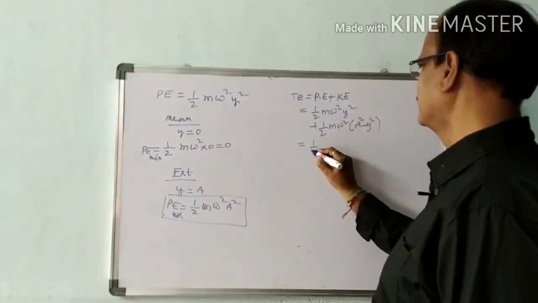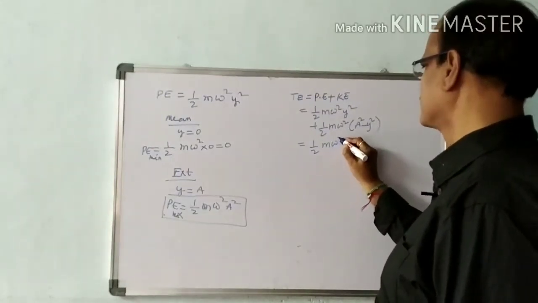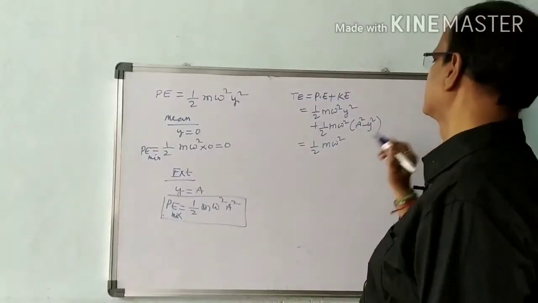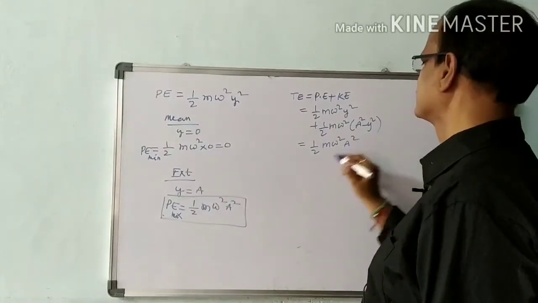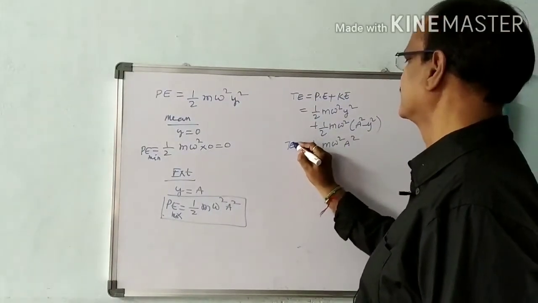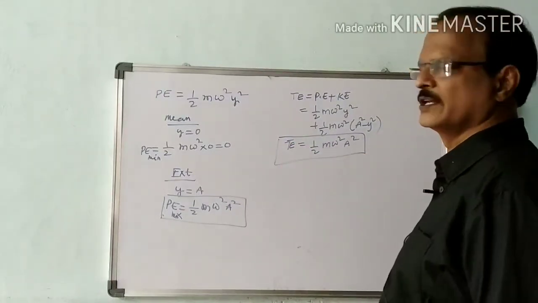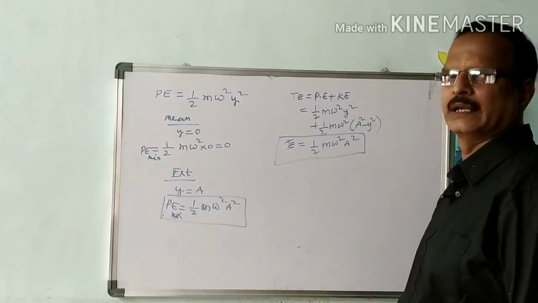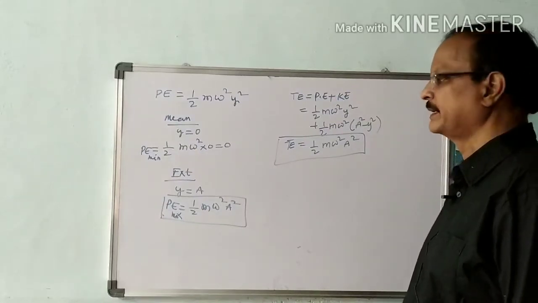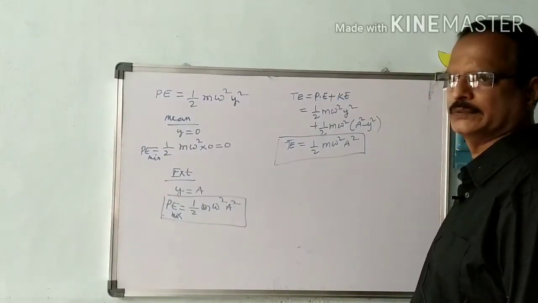So we have half m omega square, and y square minus y square cancels. So total energy is equal to half m omega square a square. This is the total energy of the particle in simple harmonic motion.